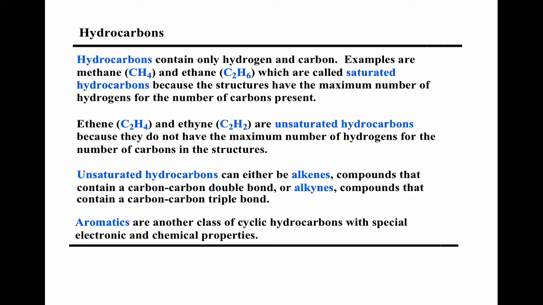They don't react like you would predict based on their unsaturation. We're going to leave that for a future chapter, when we talk about aromatic rings like benzene and other things like that.